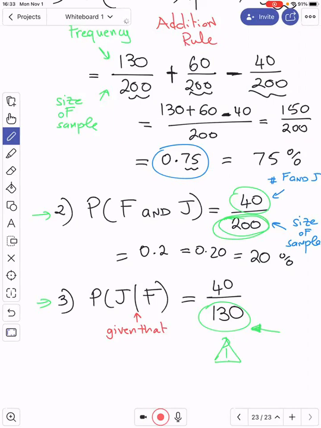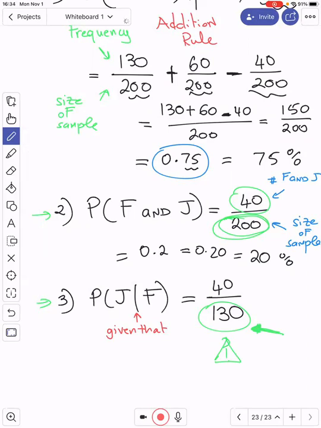In 3, we know that the student is a female, so we can forget about the 200 students and just focus on the females. That's why we have to divide by 130 here in 3. So this is 40 over 130.